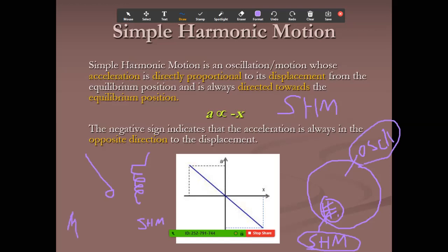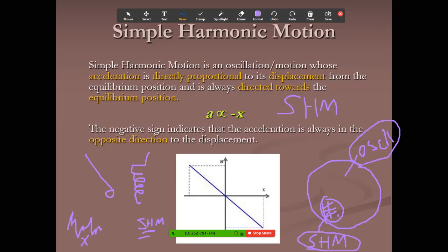A heartbeat, like on a laptop or whatever the sound, is not SHM. SHM means the displacement graph must be like a sine or cos graph. If the displacement graph is not like a sine or cos, like a square wave or a heartbeat signal, or any pattern other than sinusoidal, then it's not SHM.